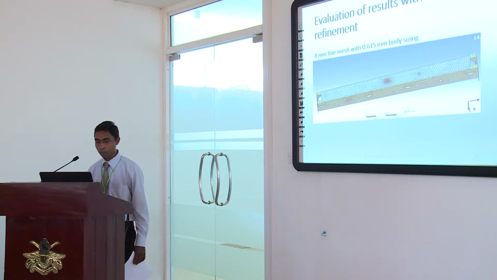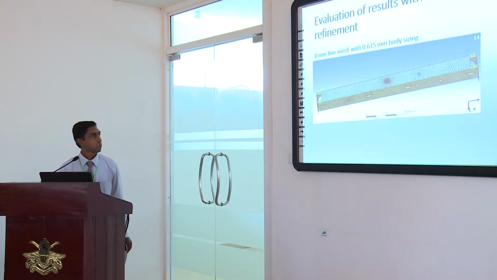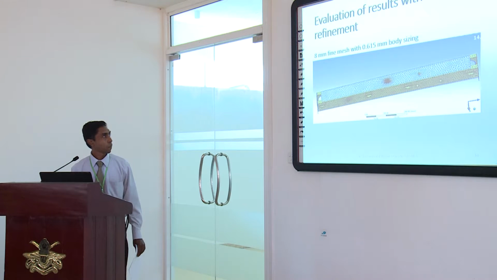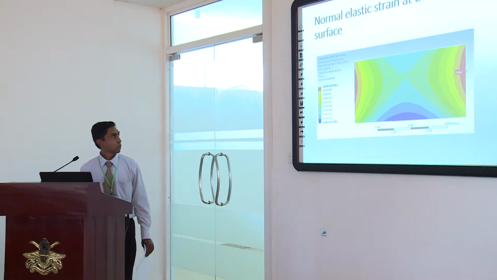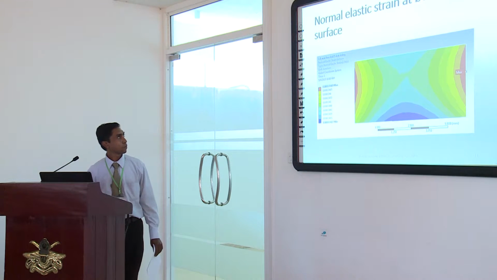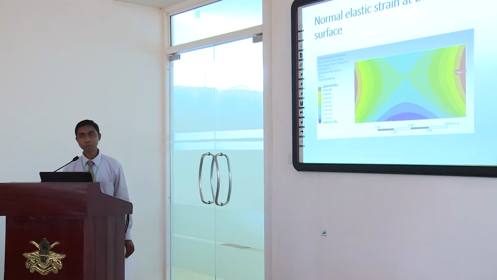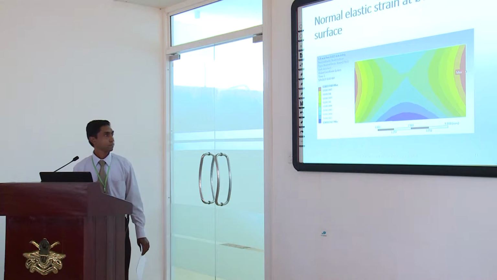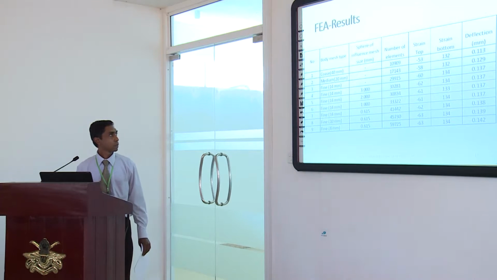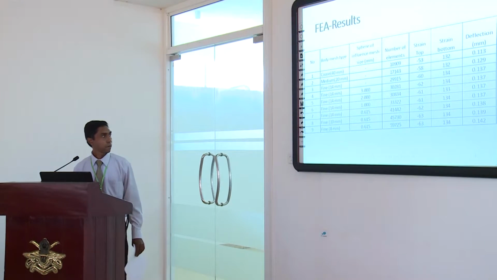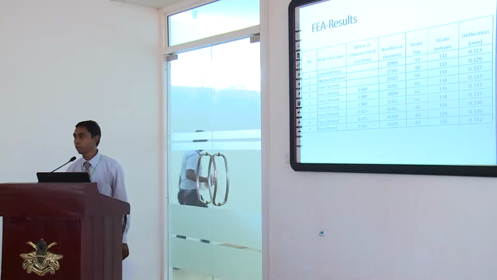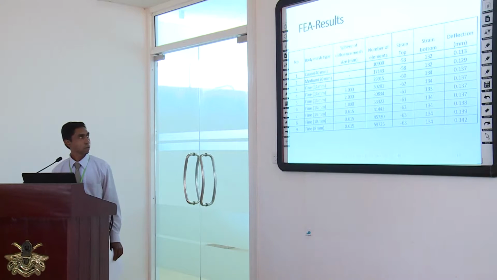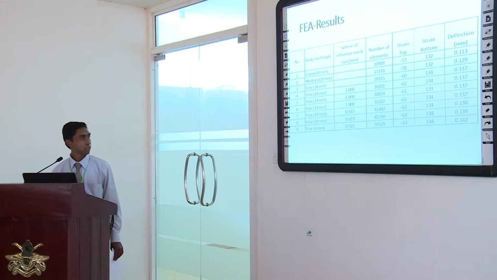After several refinements, this is the generated mesh model and the results obtained. This is the result for the elastic strain at the bottom surface, and the different refinements and relevant data obtained in the finite element analysis.